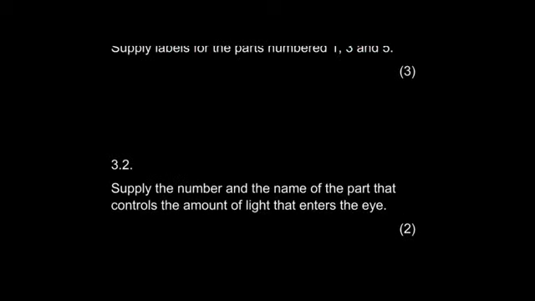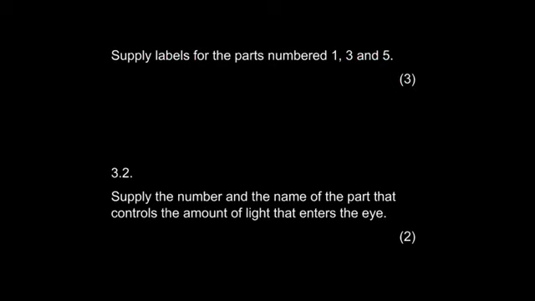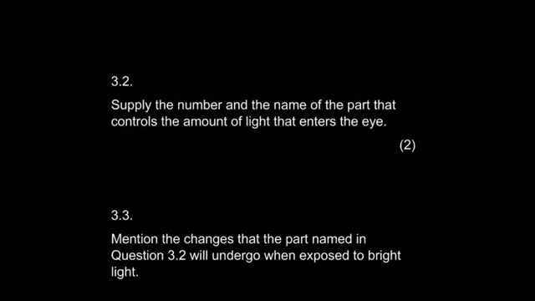You'll notice that very often there's my anatomy. Now if you have a look, supply the number and the name. Do not get that wrong. It's asked you for two things: the number and the name of the part that controls the amount of light.